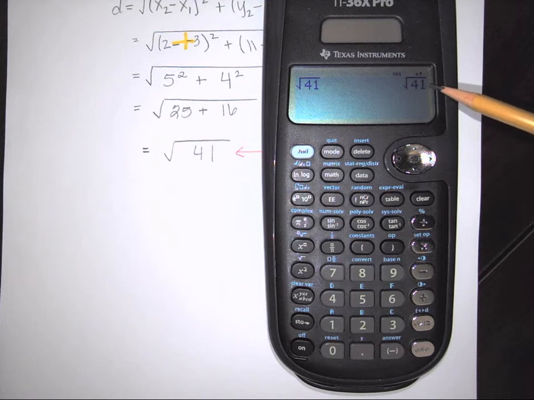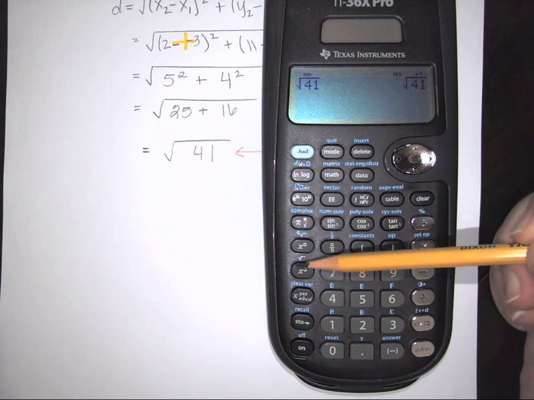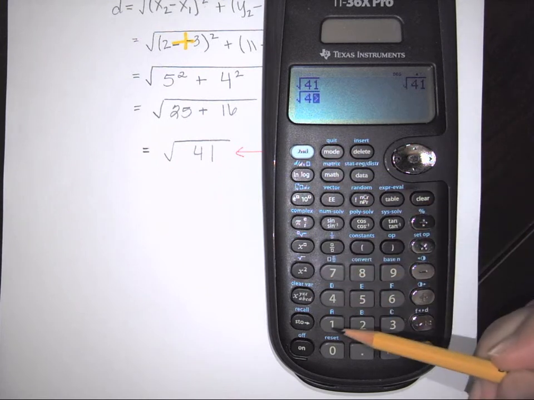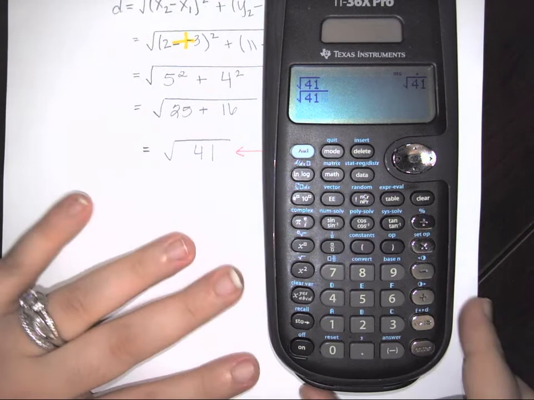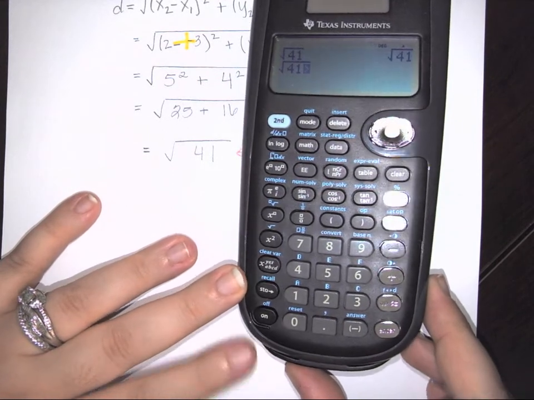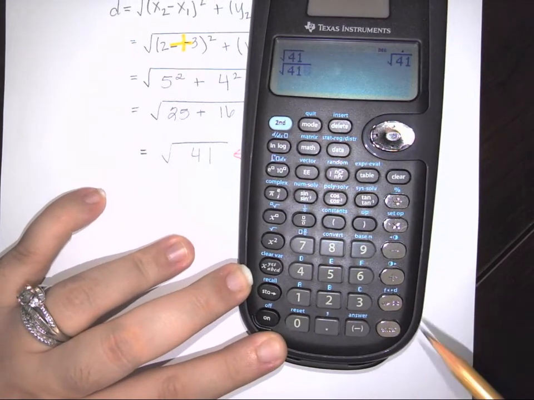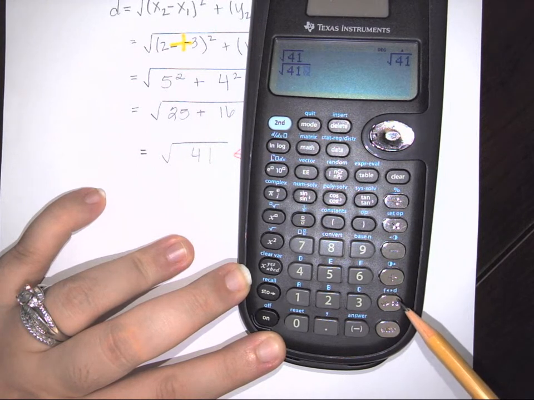In order to do that, if you have a math print calculator, you would go into your radical, but here notice, down here, a little bit hard to see, this button right here, this is wavy lines.